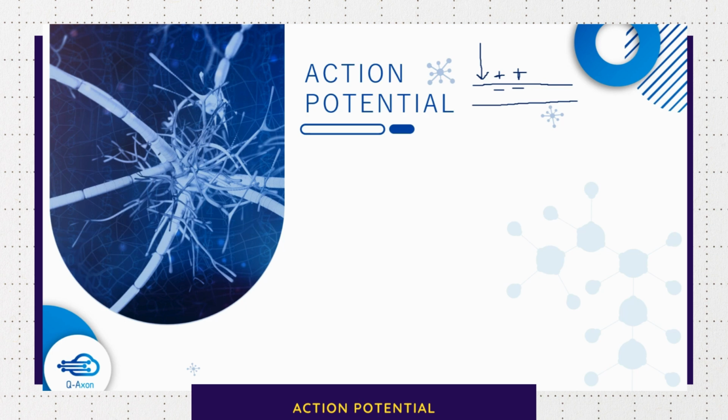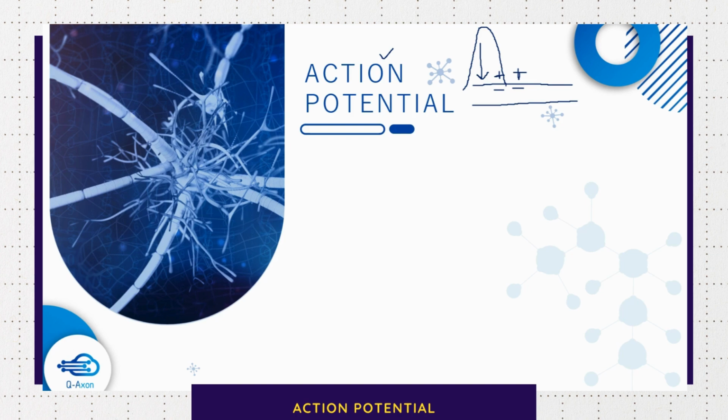What happens? There is generation of a large potential here. And this potential is called the action potential. So in other words, the action potential is the response of an excitable cell to a stimulus of adequate strength.